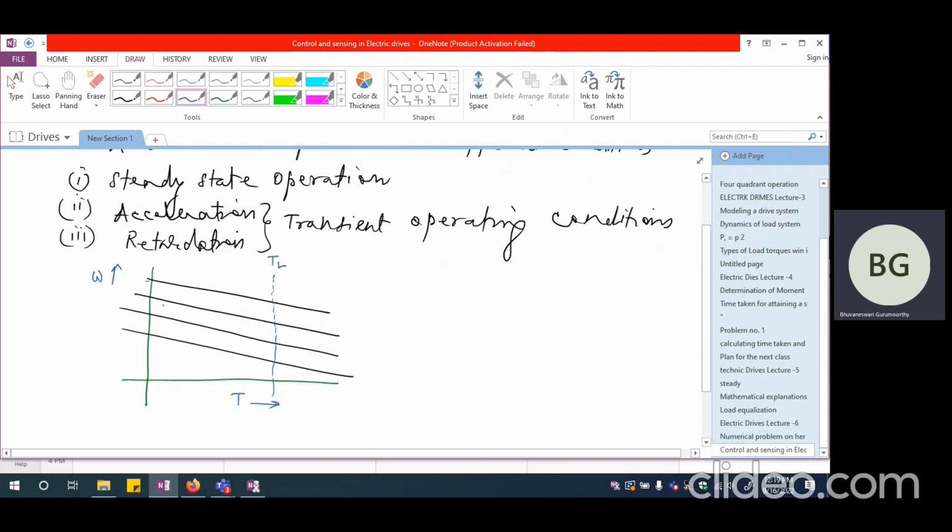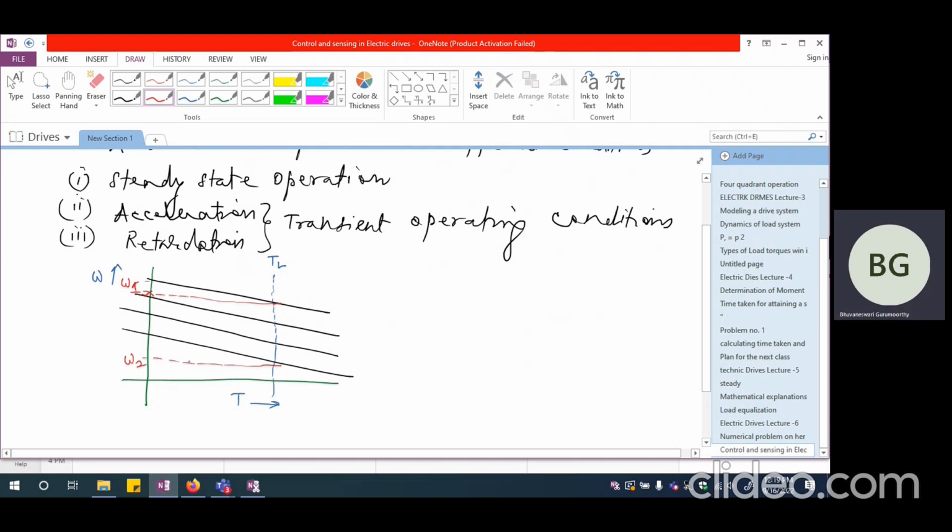I might like to operate my drive at a particular speed, which is omega 1. Or I might like to operate it at some other speed which is corresponding to omega 2.